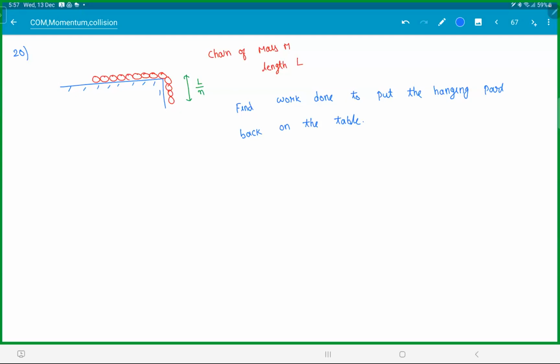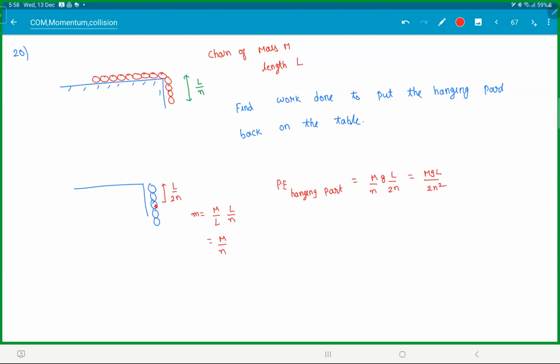Simple thing. If you just look at the hanging part, the center of mass is here, which is L by 2n. Second thing, mass of this part will be m by L into L by n. So potential energy of the hanging part is M by n, g L by 2n, mgL by 2n square.